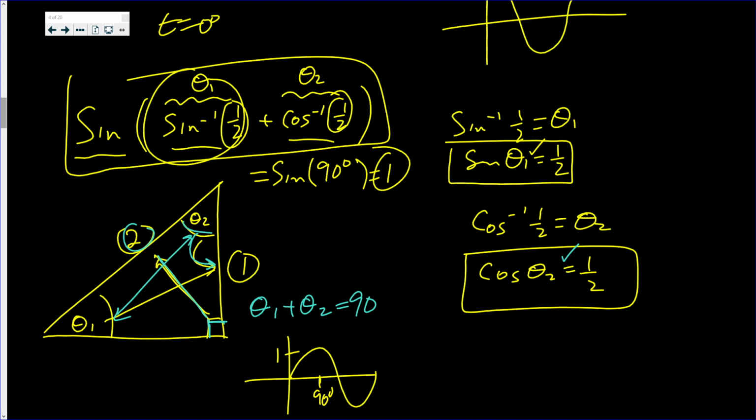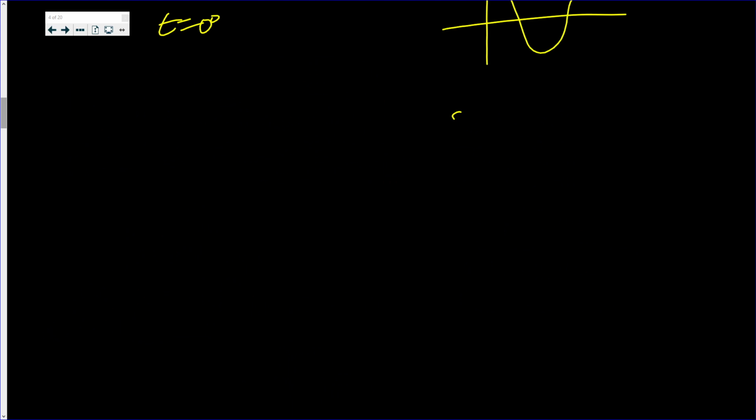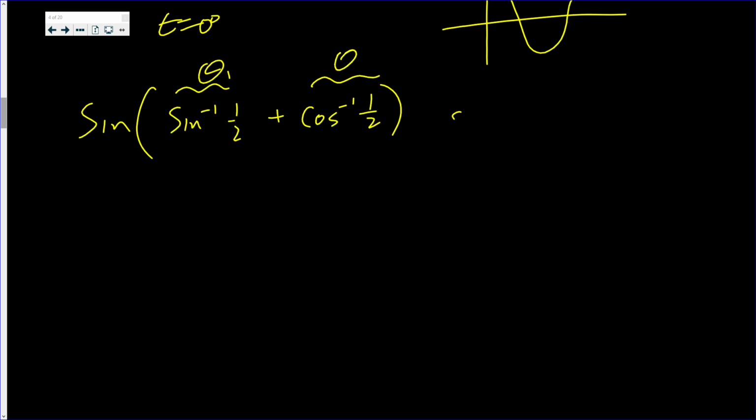Now, if you didn't see this, well, you missed out on the meaning of the problem, but that doesn't mean you can't do it. What is the sine of the sine inverse of a half plus the cosine inverse of a half? So that's theta 1, that's theta 2, and we know that the sine of theta 1 is a half.